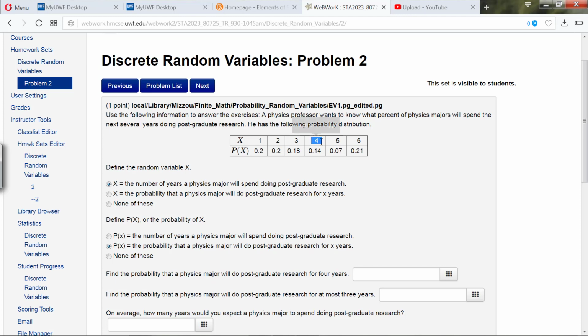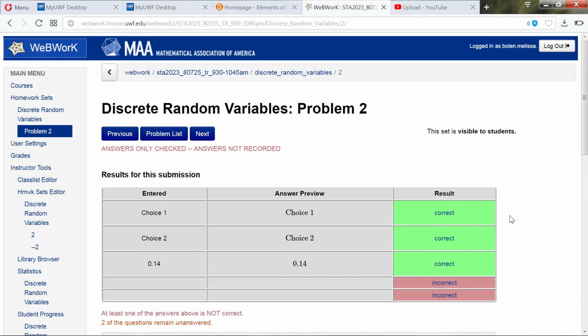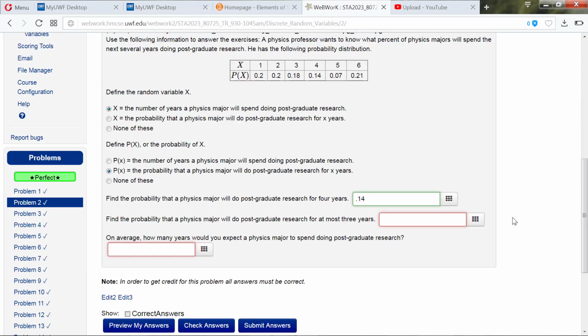So we identify X equals 4. Then we look at the probability of X associated with 4 years, and that answer is 0.14. So we will put 0.14 right there and check our work, and we got the first three, including the one we just answered, correct.